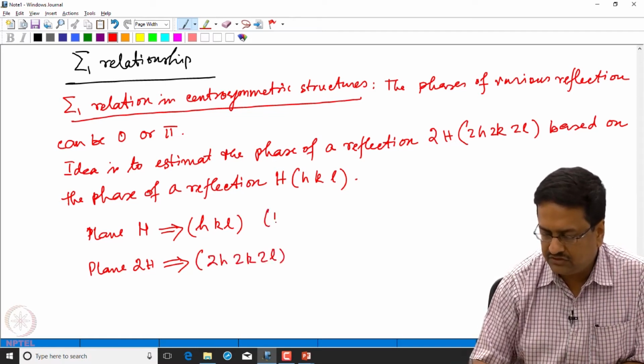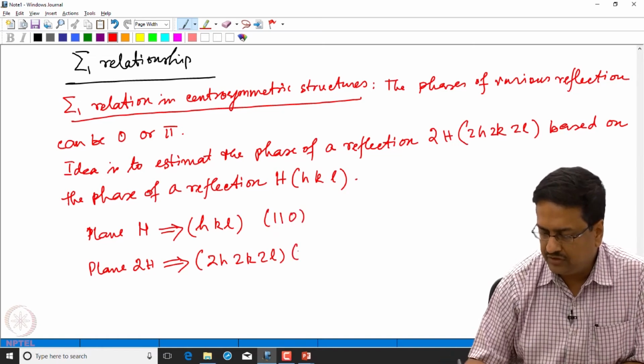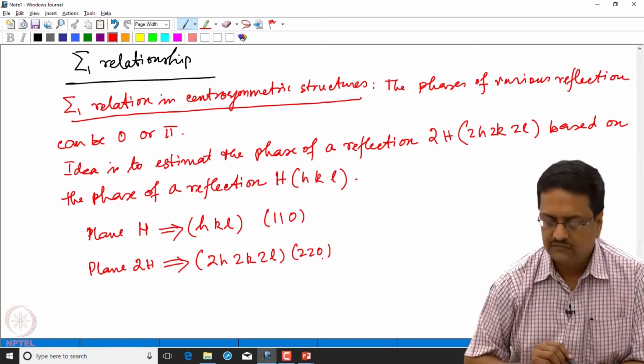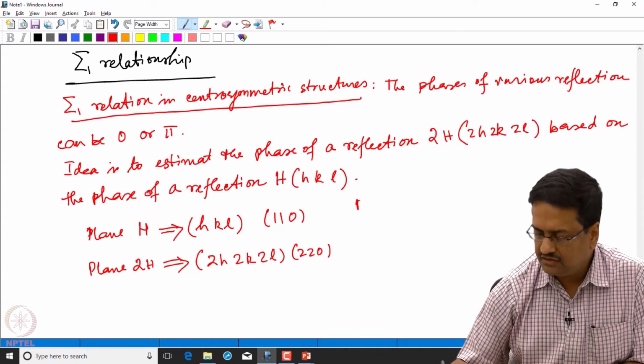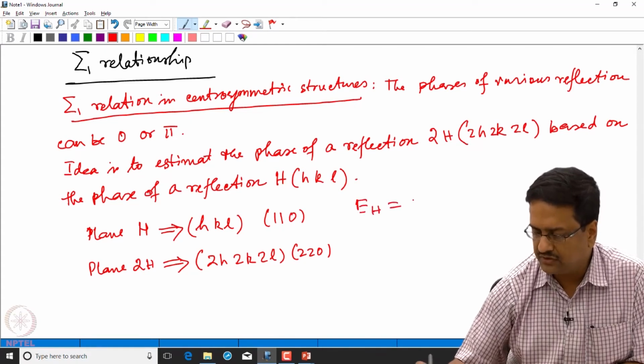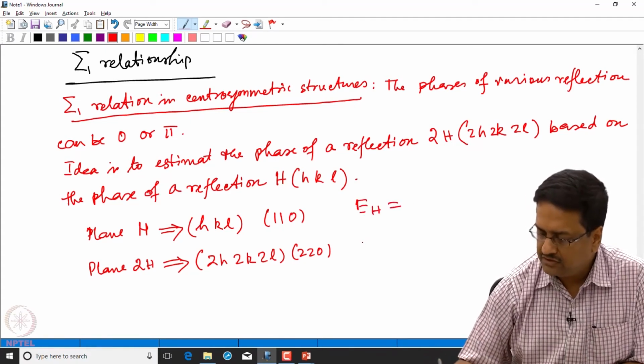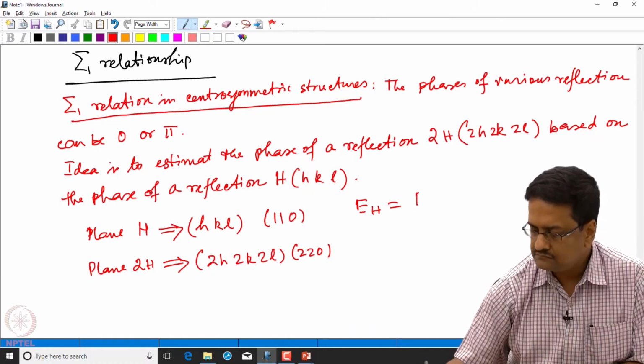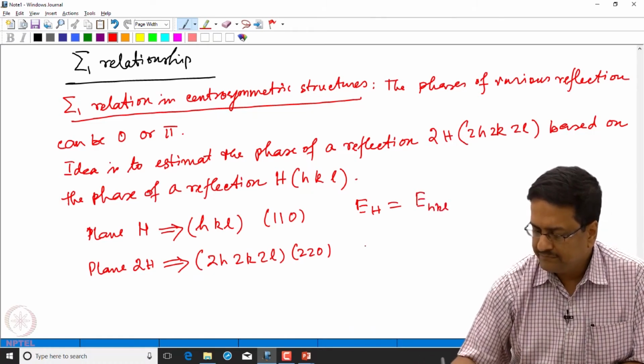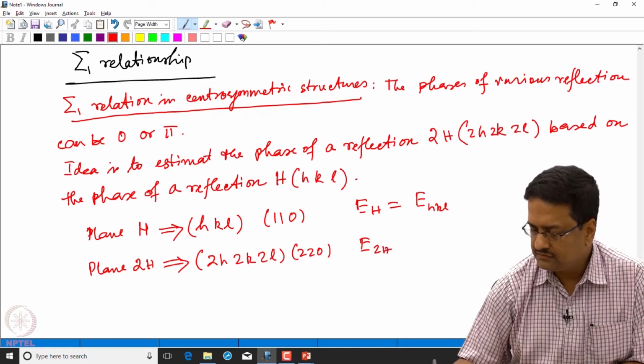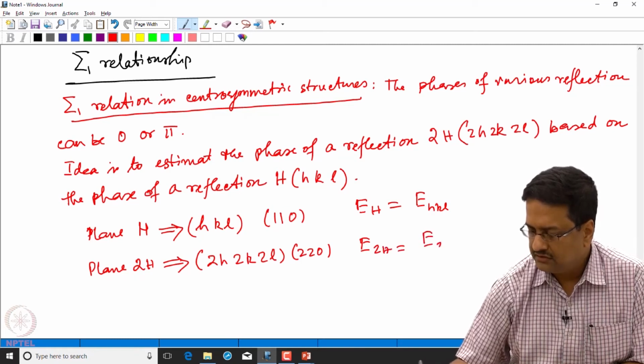For example, if it is 1 1 0, then it will be 2 2 0 and so on. So if we write Eh, it is for the plane hkl. E2h is for 2h 2k 2l.